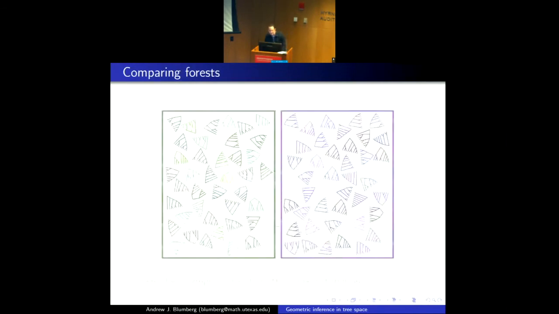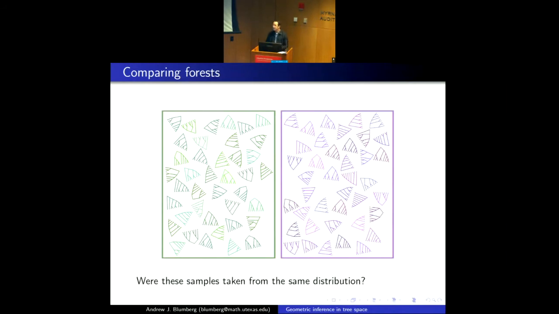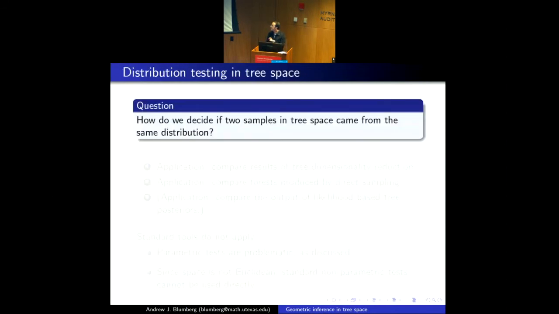So that brings us to the next thing I want to talk about, which is some of the statistical questions that come up in dealing with these forests of trees. The basic question here is, if you have 2 forests, and maybe you produced these by this tree dimensionality reduction, or maybe you got them directly somehow, did these come from the same distribution on tree space? That's a very basic question. It has various interesting applications.